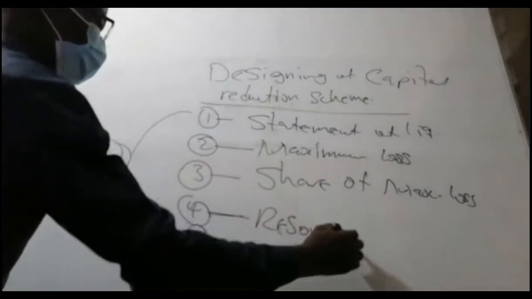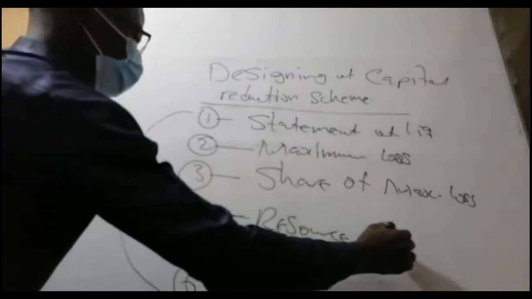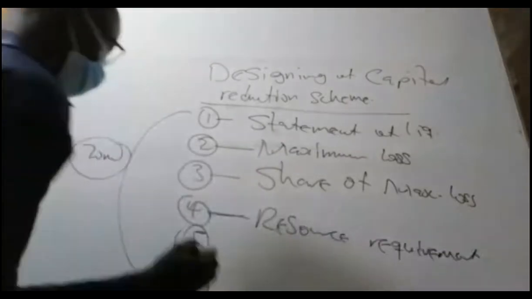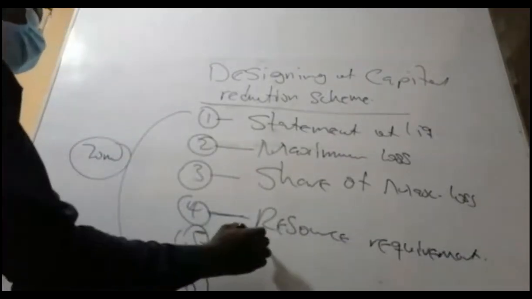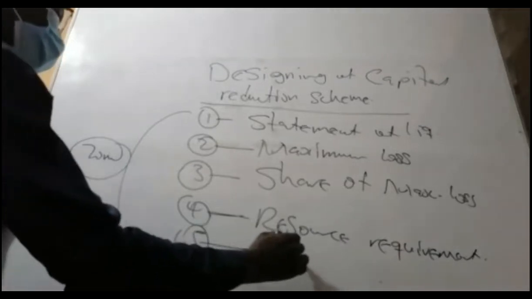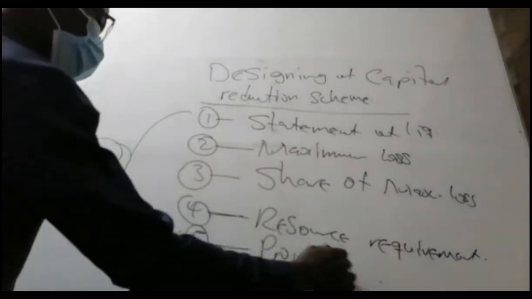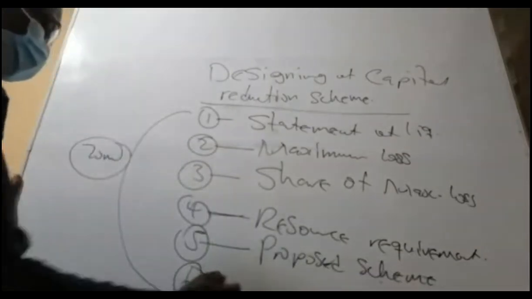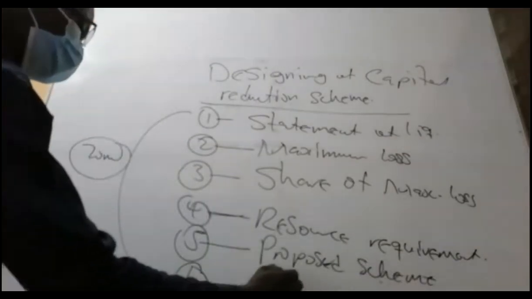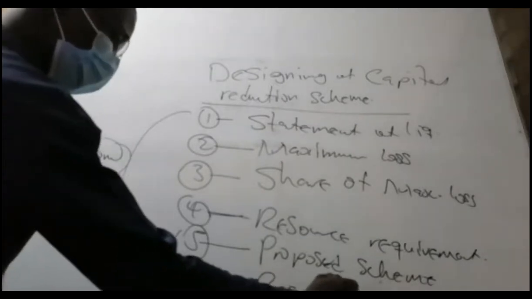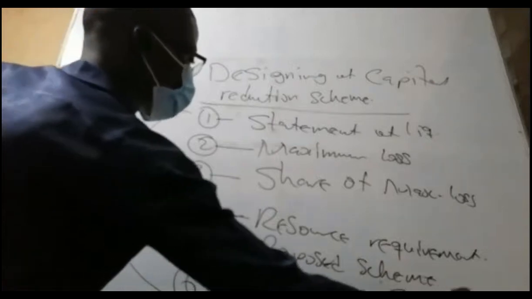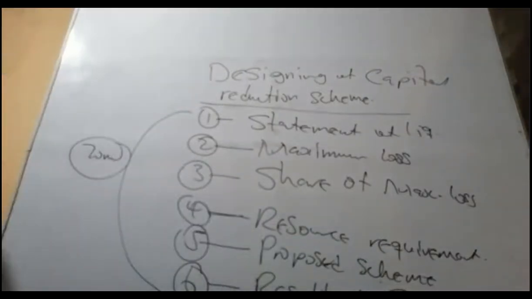Then step 5, the proposed scheme. Then step 6, we call it the resultant statement of financial position, just after the scheme has been accepted.